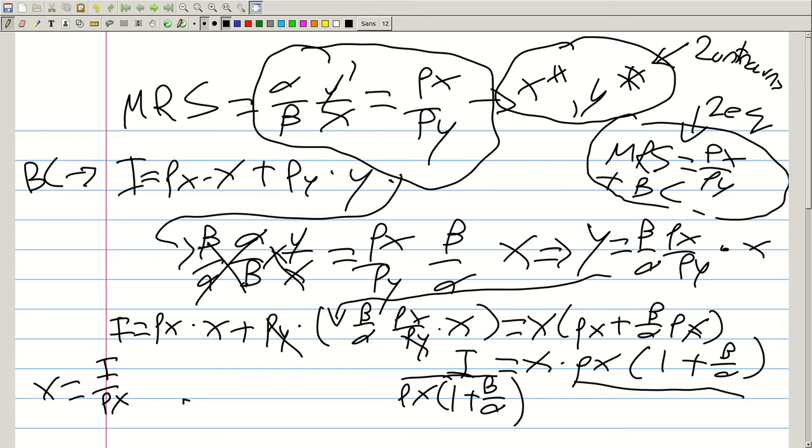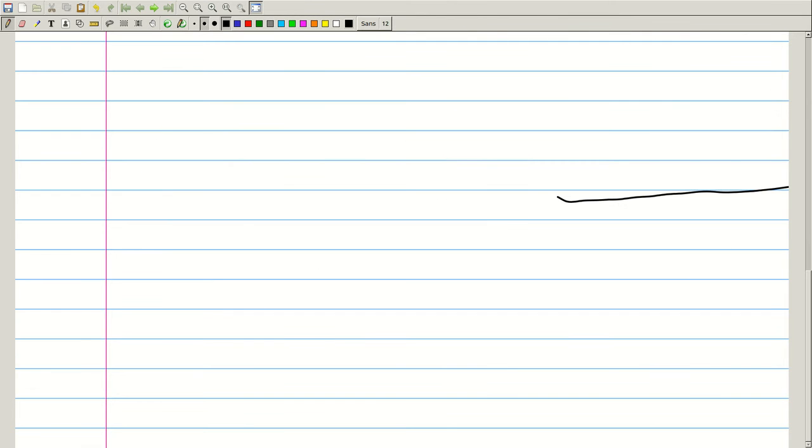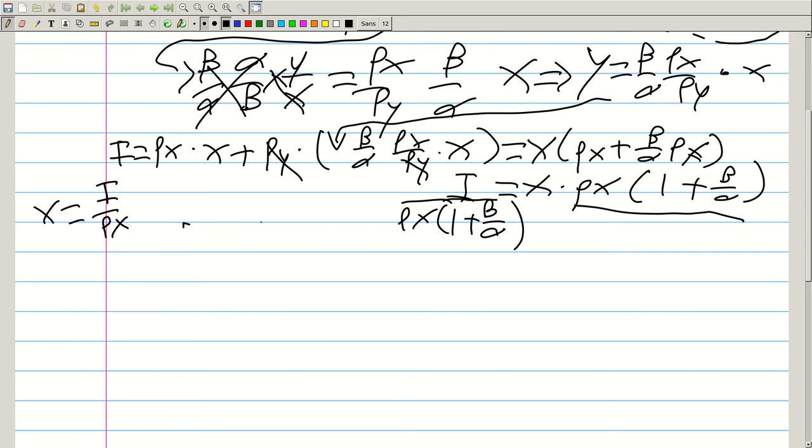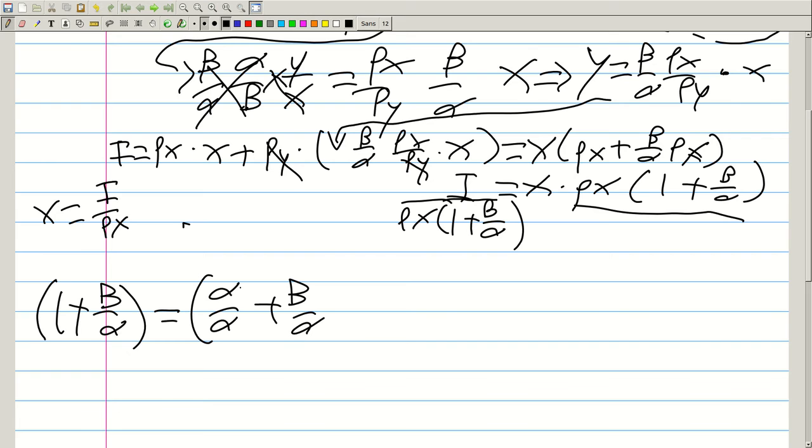But what I can do to simplify that is notice that 1 plus beta over alpha is equivalent to saying alpha plus beta over alpha. Recall this is just 1, so I'm just figuring out another way to write this as a form of 1.